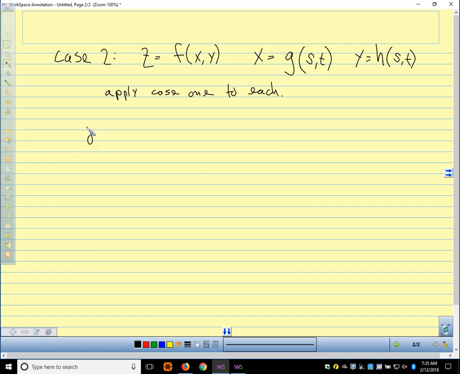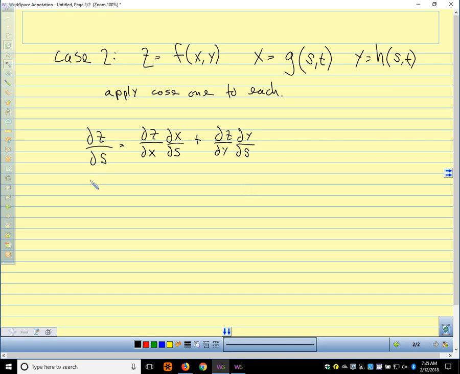So the partial of z with respect to s is going to be the partial of z with respect to x, and then we get the partial of x with respect to s, plus we have to take into account that z varies with y as well, and then we get the partial of y with respect to s. These are all curvy ones because all of these functions are multivariable functions now.